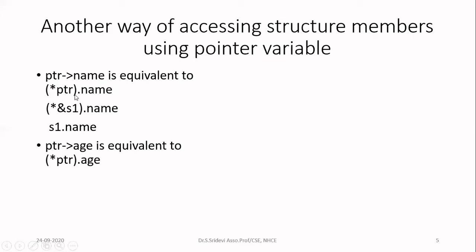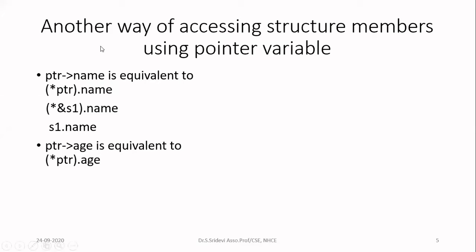Now, if they tell you access the member of the structure by using pointer, either you can write PTR arrow name, or you can write within parenthesis star PTR dot name. Which method we generally prefer is the first method, because when you go for the second method, every time you have to put the parenthesis. Okay, so more operators you have to type on your keyboard. So they thought, why can't we introduce a simple approach which will simplify the work of the user?